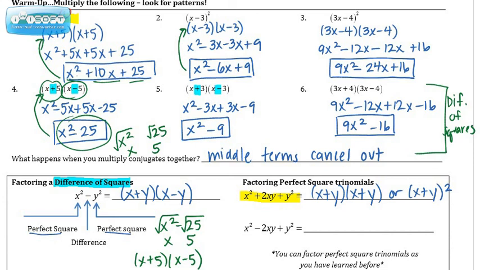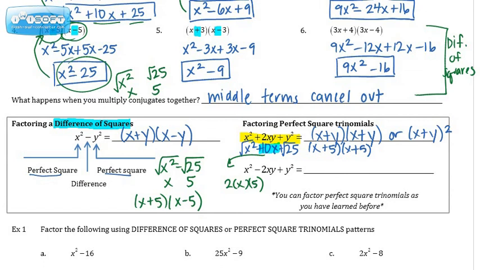What it factors to is x squared plus 10x plus 25. What I'm allowed to do is take square root of x squared, which is x, square root of 25, which is 5. We're going to write it twice, because we know this middle part right here is equivalent to 2 times x times 5.